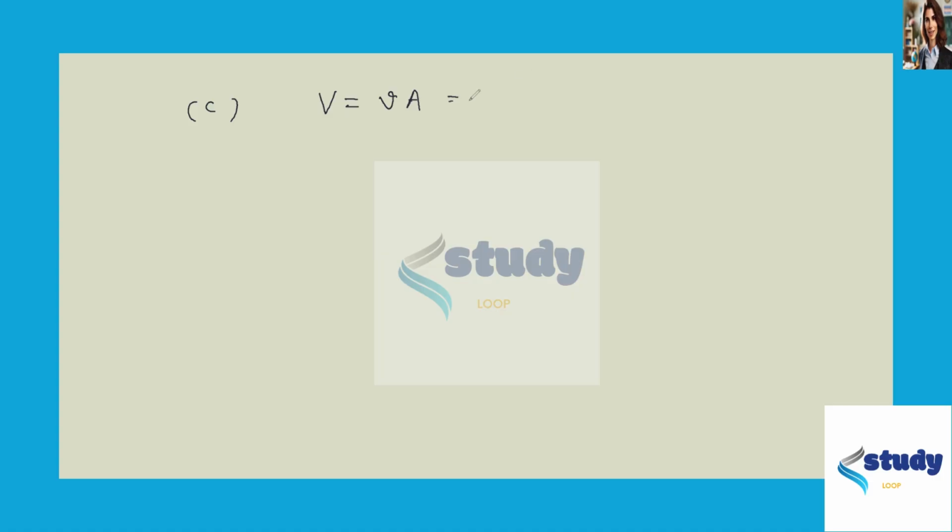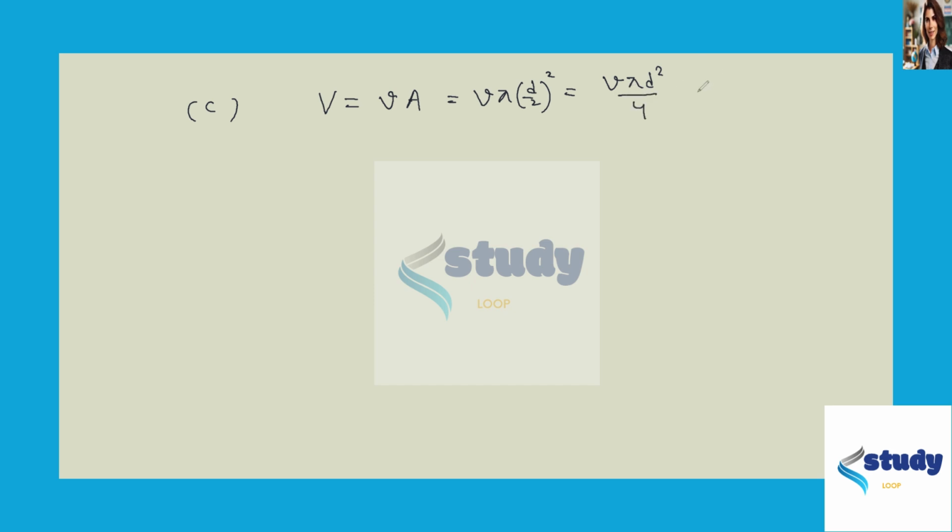So here it will be given as V multiplied by area, which is the area of a circular cross section, pi into r square, and r is nothing but half of the diameter. So it comes out to be V pi d square by 4.